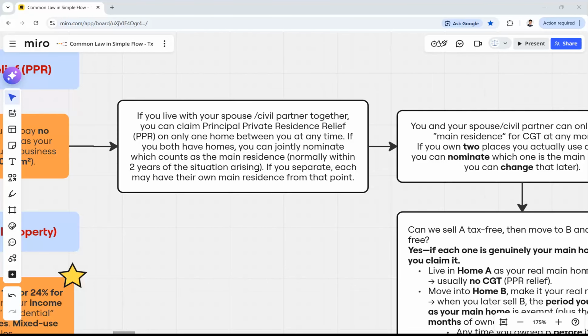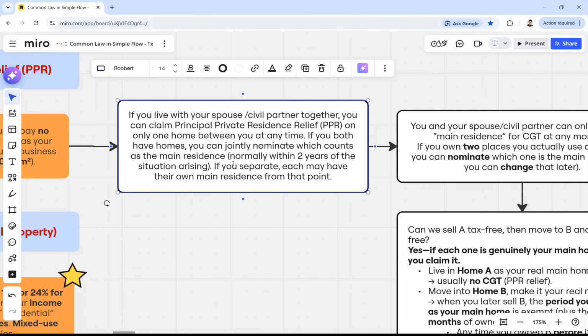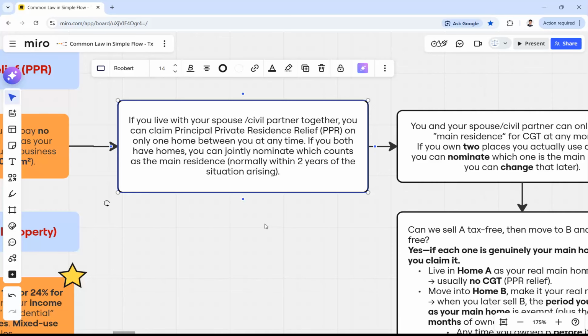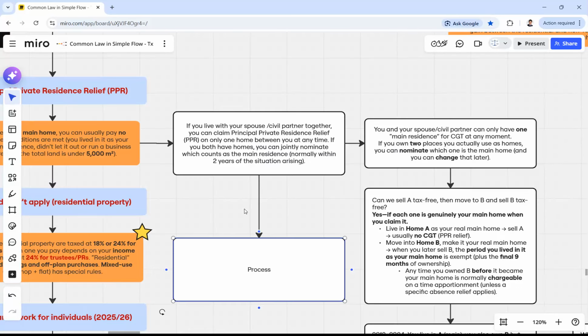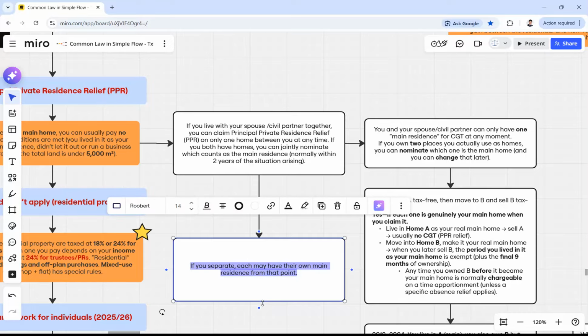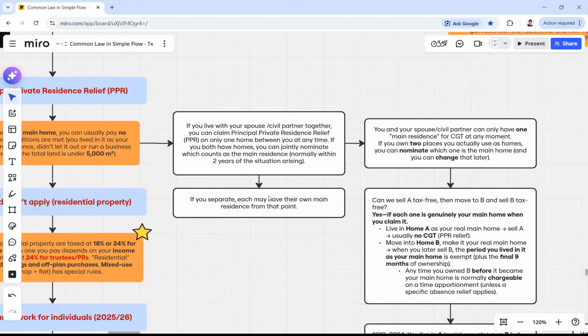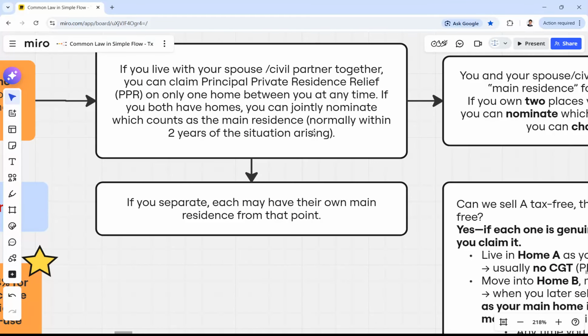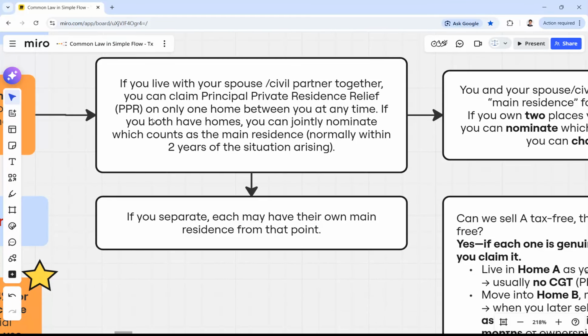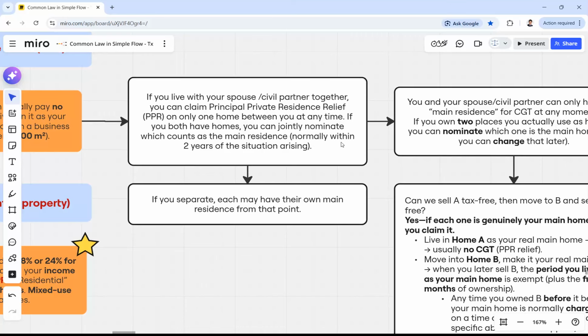So this is a loophole because I assume many couples would potentially separate in order to have two different main residences. So if you both have homes, you can jointly nominate which counts as the main residence, normally within 2 years of the situation arising.